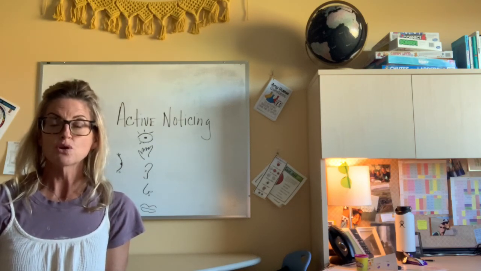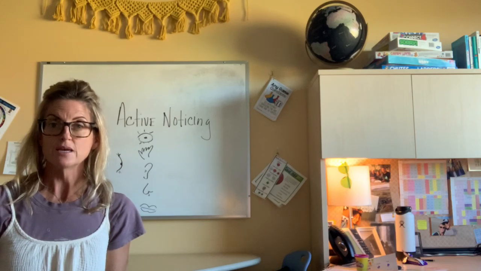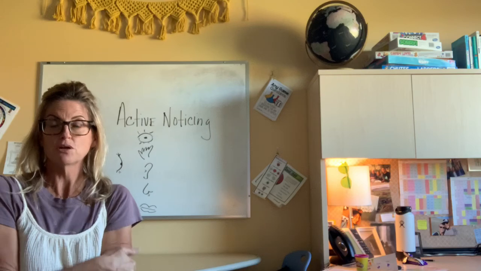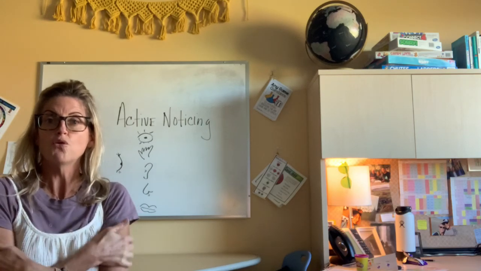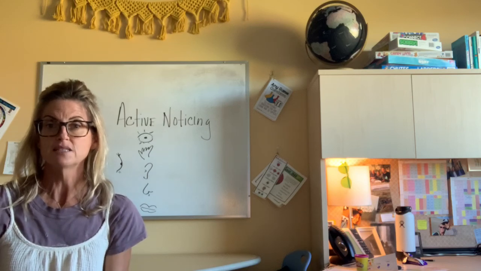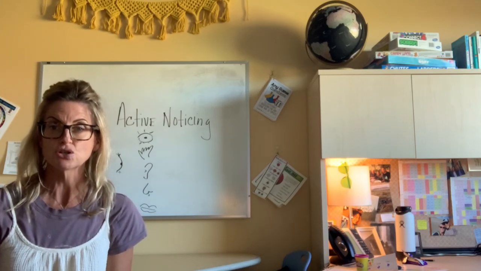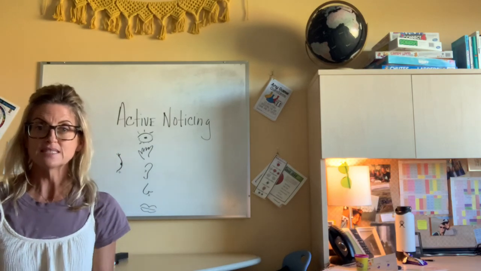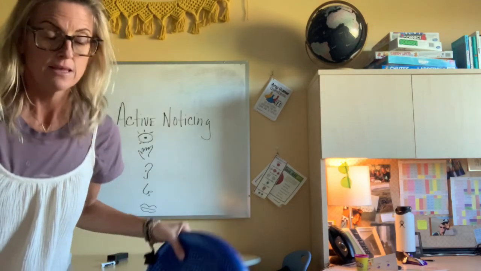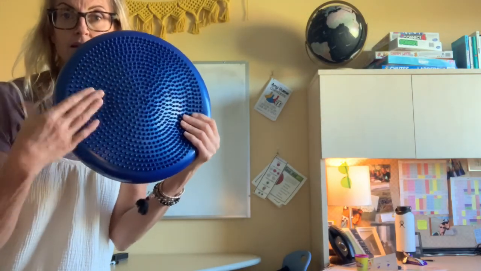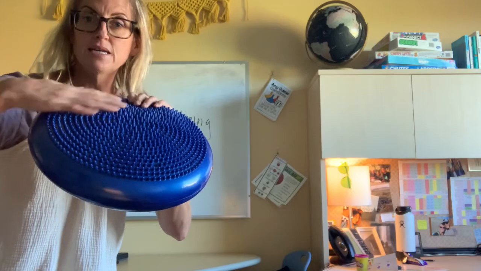And next, we're going to notice 4 felt experiences. So 4 things that we can notice that have a texture to them. Touch. Right now, I'm sitting on a balancing thing that has these nubs on it.